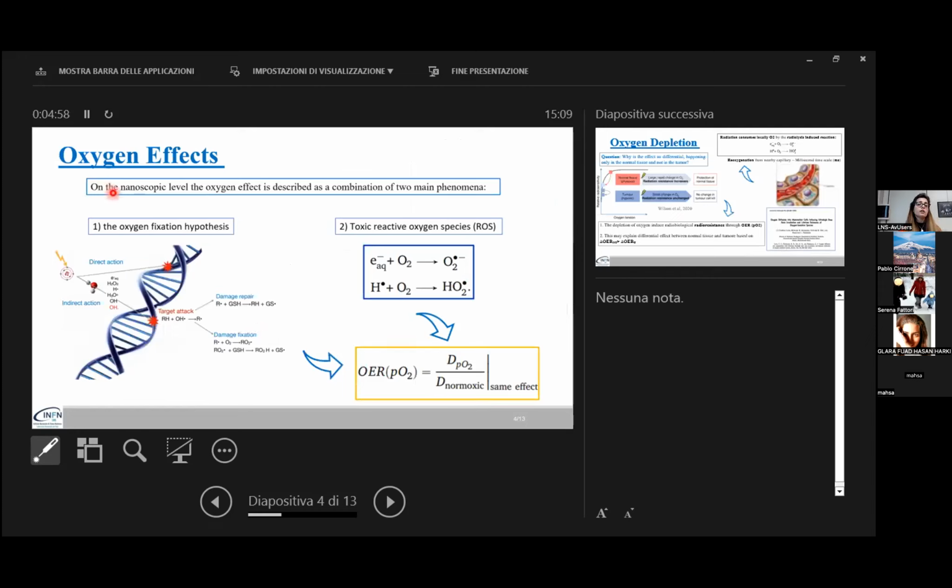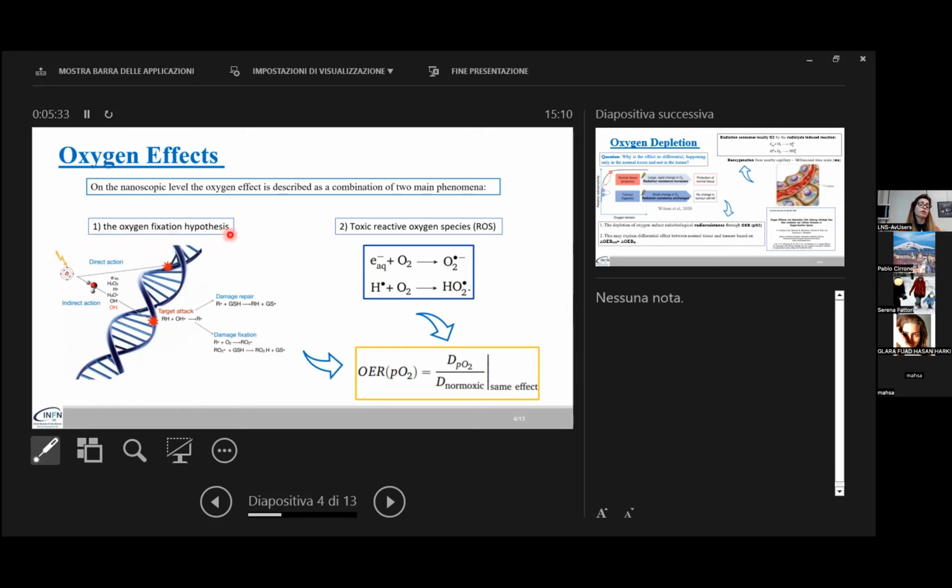Okay, on the nanoscopic level, the oxygen effect is described as a combination of two main phenomena, which are strongly related to the chemical stages and indirect damage. So in our simulation, we focus on the chemical stage. We will explain it in the next slides. Related to oxygen, the first phenomenon is the oxygen fixation hypothesis.